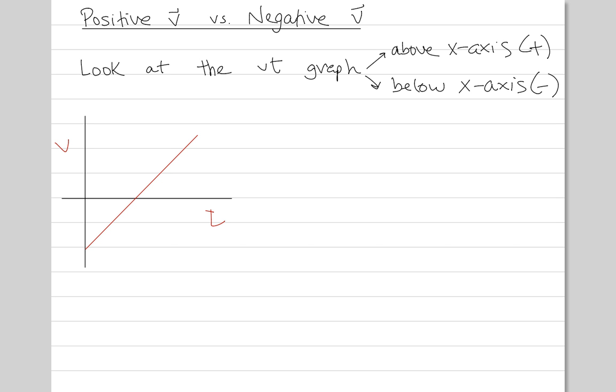Yeah, good, Kyle. And I'll just put in a number here for you guys. Let's say this is -10, and let's say this is -5 and this is 0. So if you have 0 velocity, are you going anywhere? No. So at -10, are you going faster than at -5?